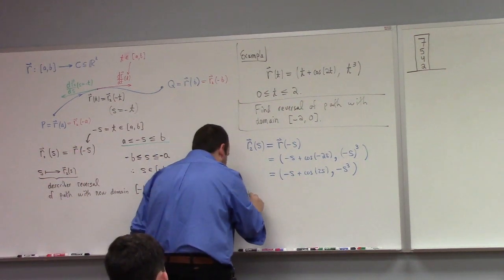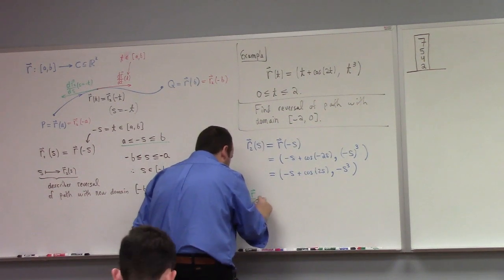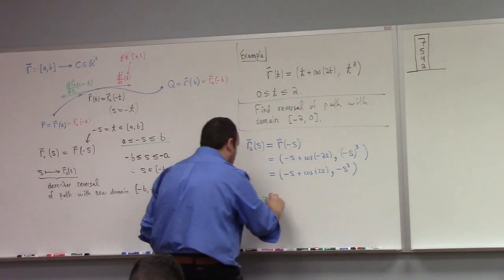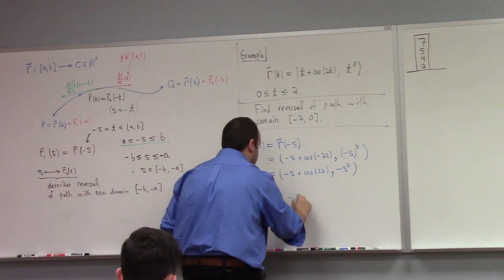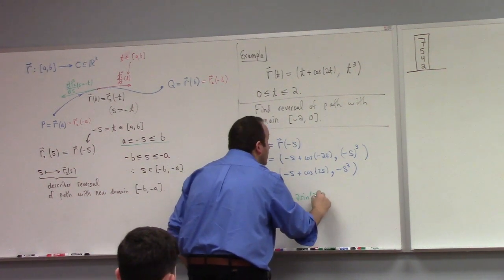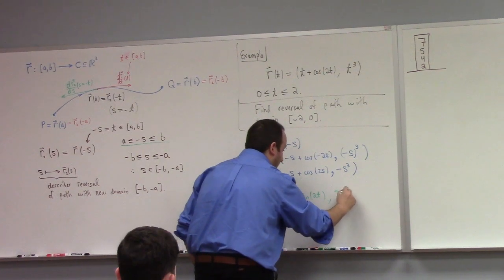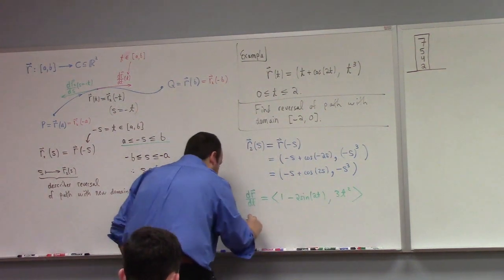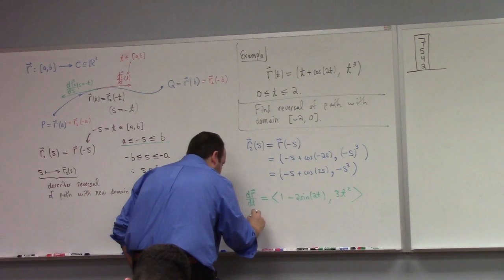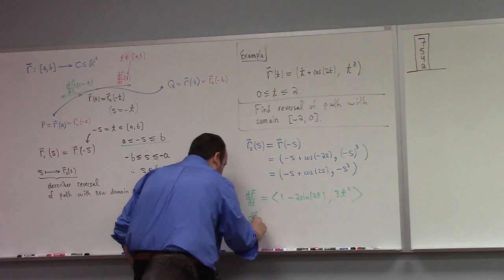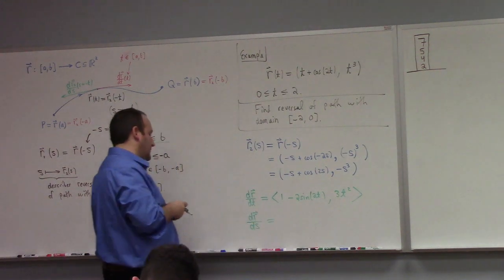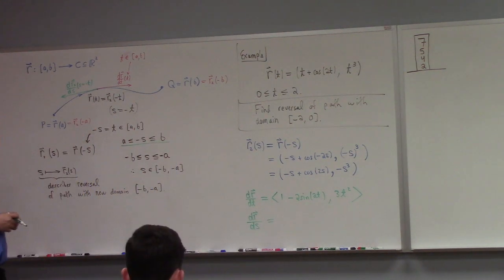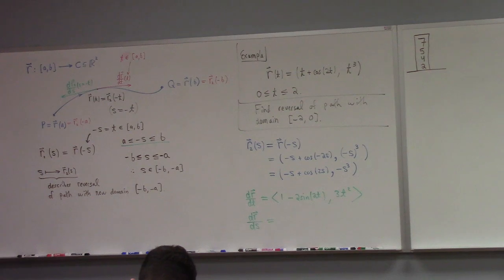So what's dr dt? Dr dt here, the velocity of the given path, is 1 minus 2 sine of 2t, 3t squared. What's the velocity of the reversal using s instead of t? Dr ds, what is that? Okay, fine.